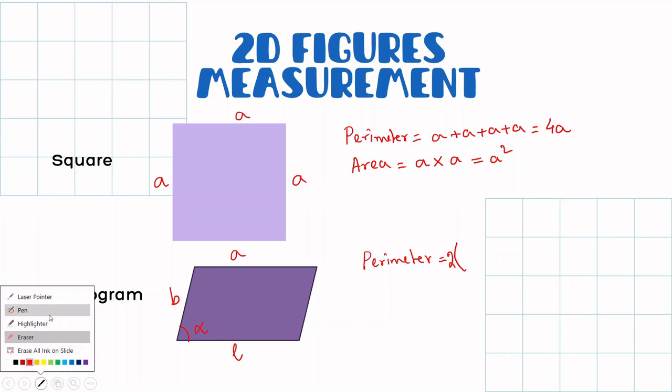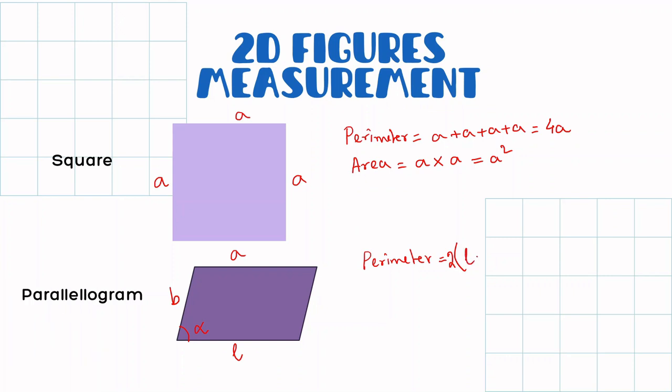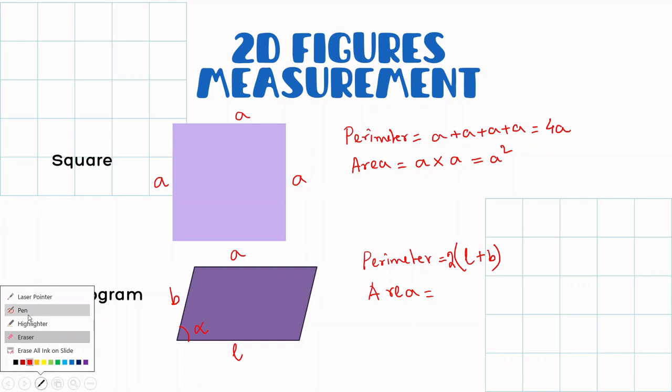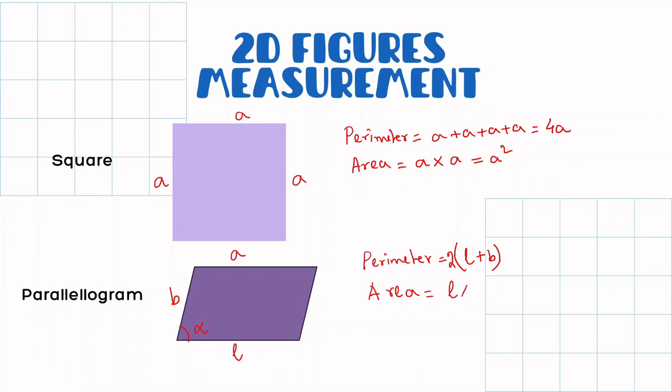Perimeter will be the same as rectangle, 2 into L plus B. And area is also the same. Area will be L into B. As a rectangle is a type of parallelogram, in both cases the formula is the same. Perimeter is 2 into L plus B and area is L into B.